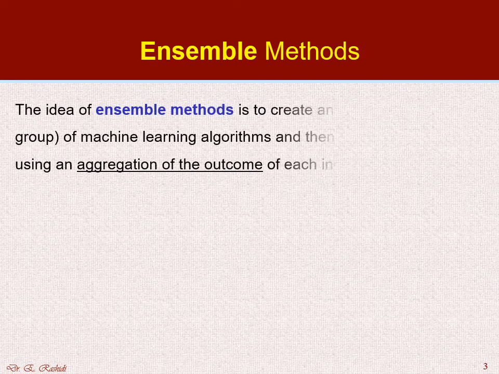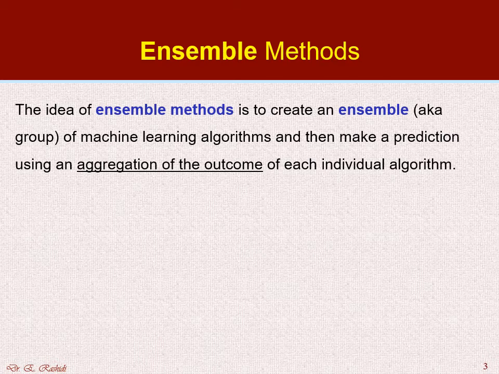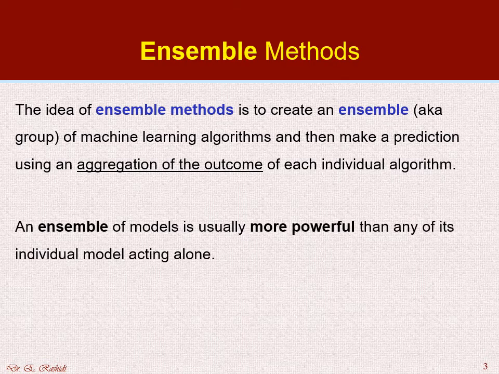Ensemble methods. The idea of ensemble methods is to create an ensemble, meaning group, of machine learning algorithms and then make a prediction using an aggregation of the outcome of each individual algorithm. An ensemble of models is usually more powerful than any of its individual models acting alone.